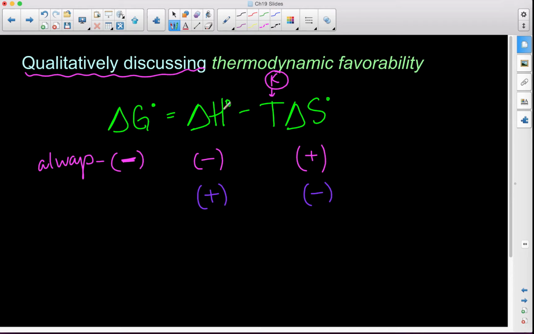If this is positive and we subtract a negative, that means my answer for delta G is always going to be positive, which means that if my enthalpy term is unfavorable and my entropy term is unfavorable, delta G is thermodynamically unfavorable at all temperatures. So these are our two always conditions. If both terms are favorable, then my delta G is always favorable. If both terms are unfavorable, my delta G is always unfavorable.